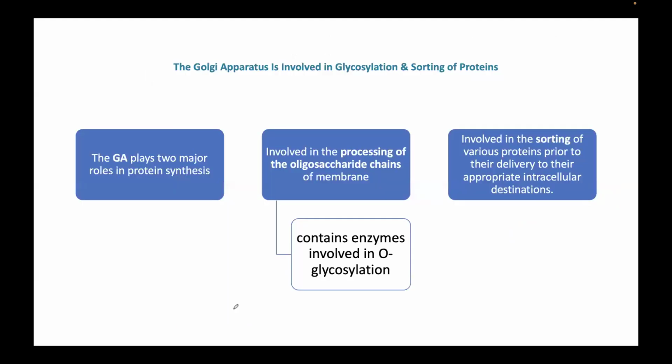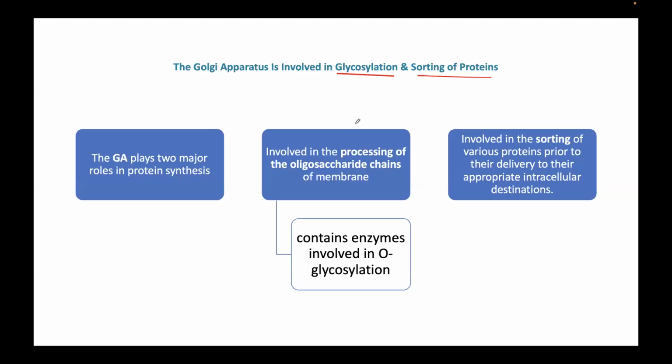Now, what is the role of the endoplasmic reticulum and the Golgi apparatus? Let's focus on the Golgi right now. The Golgi apparatus plays a role in glycosylation and sorting of proteins. I want you to remember that these are the 2 important roles of the Golgi apparatus when it comes to protein synthesis.